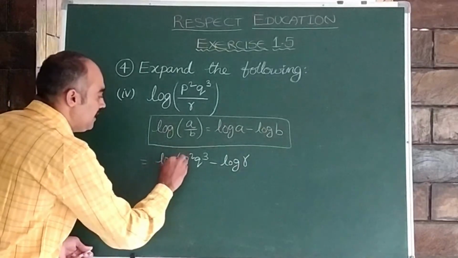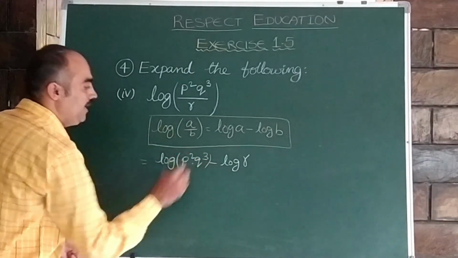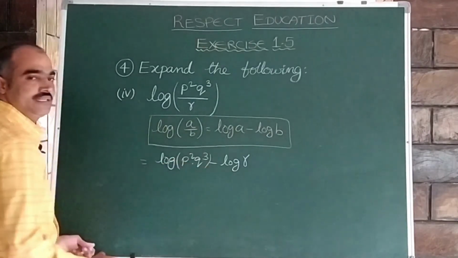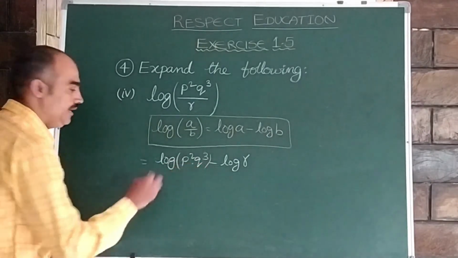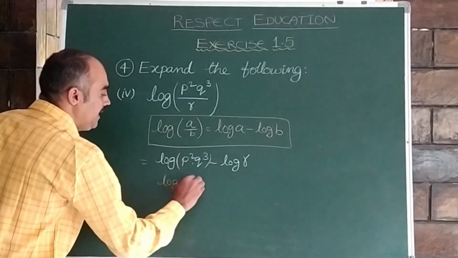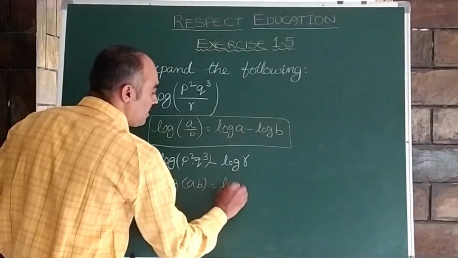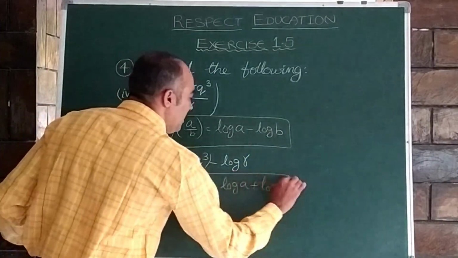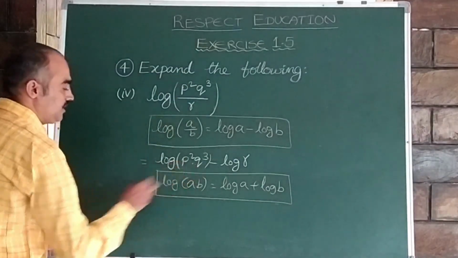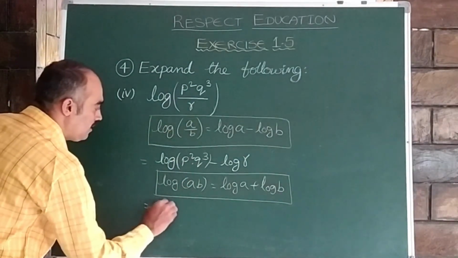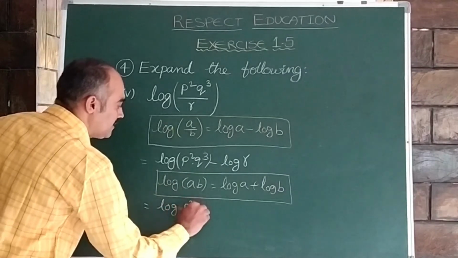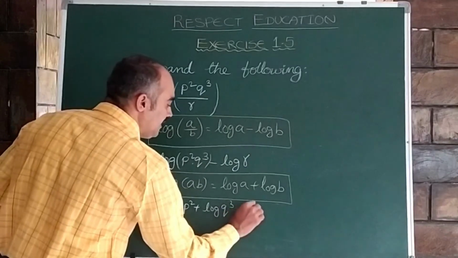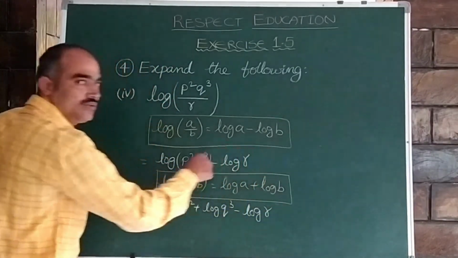Again you see here, children, again this one is log a into b. Internally 2 terms are there, but that is a single product, so we can take that as log a into b. Already we know log ab can be written as log a plus log b, right? So let us apply that formula for the first term. It becomes log p square plus log q cube minus log r; let us write it as it is, since no power is there to come forward.